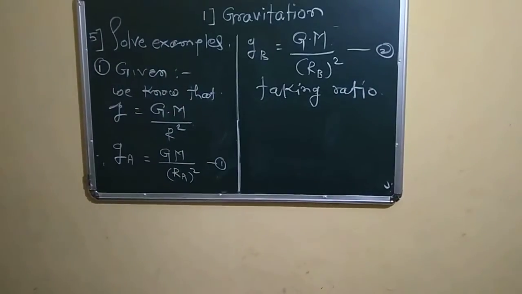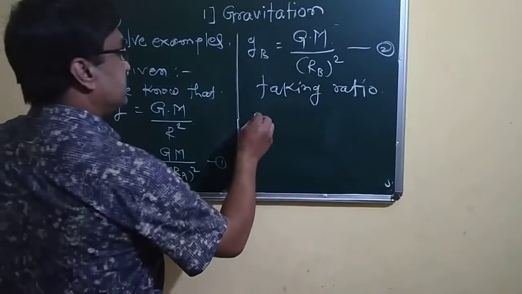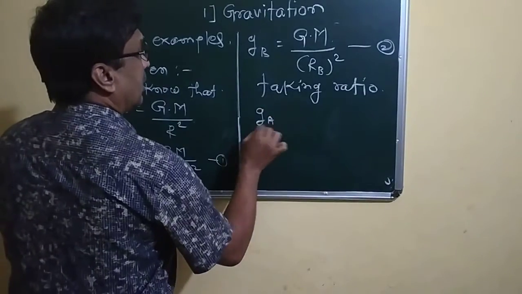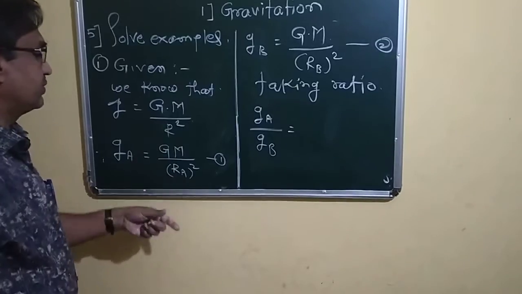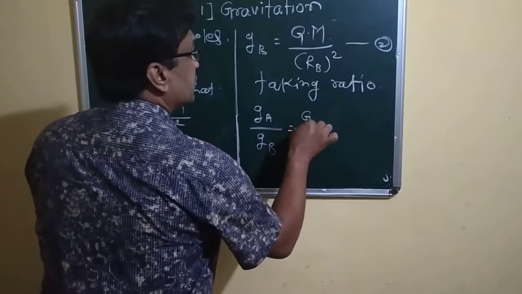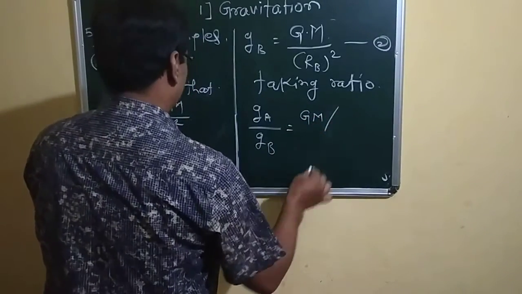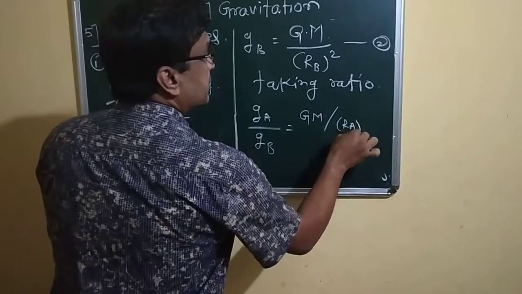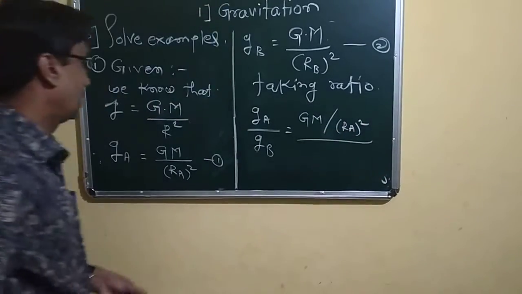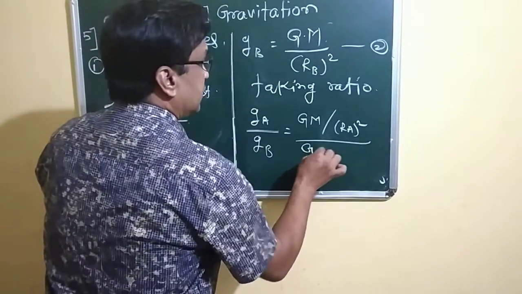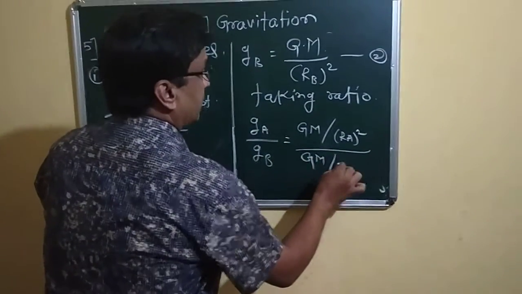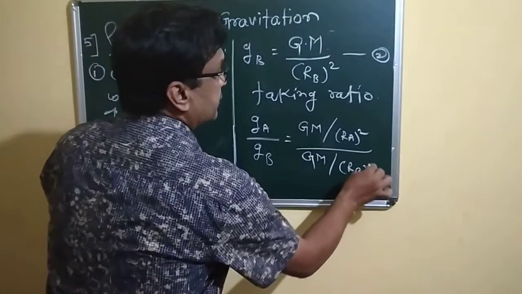Taking the ratio, GA upon GB is equal to GM upon RA square, and GB is GM upon RB square.